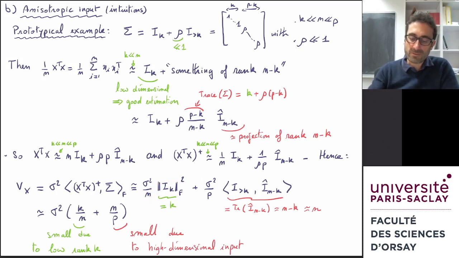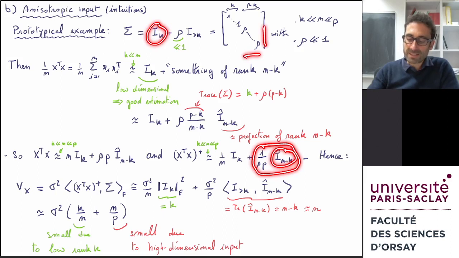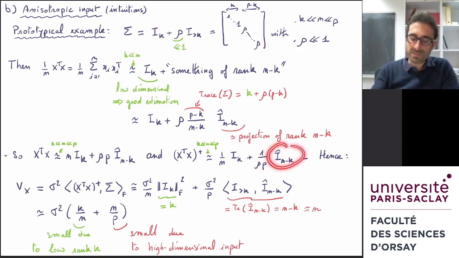Now, if I look at the scalar product of this term with this term, since this space belongs to this part here, I will have that this and this are orthogonal. So the scalar product between these two terms is equal to 0. So this will cancel out.